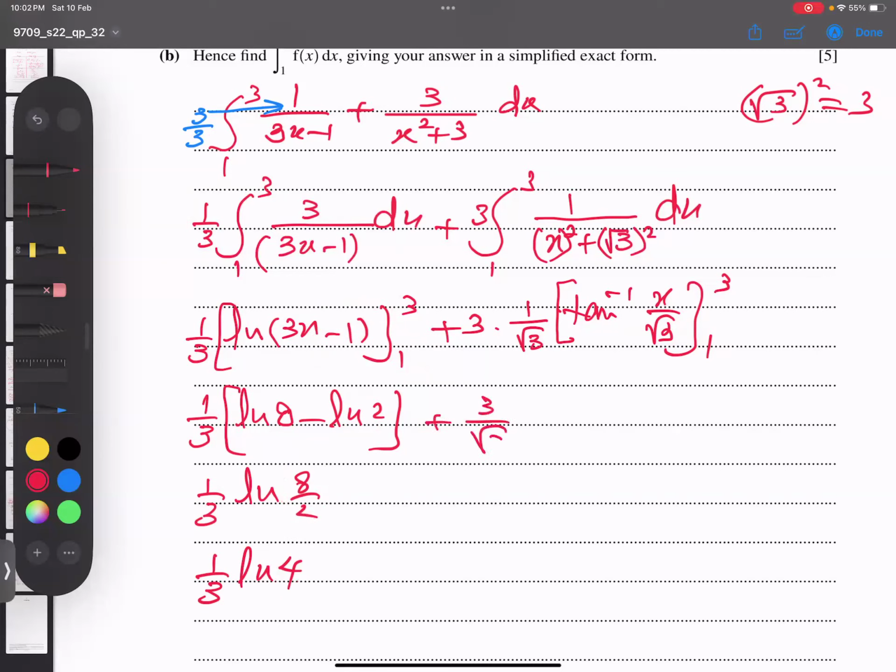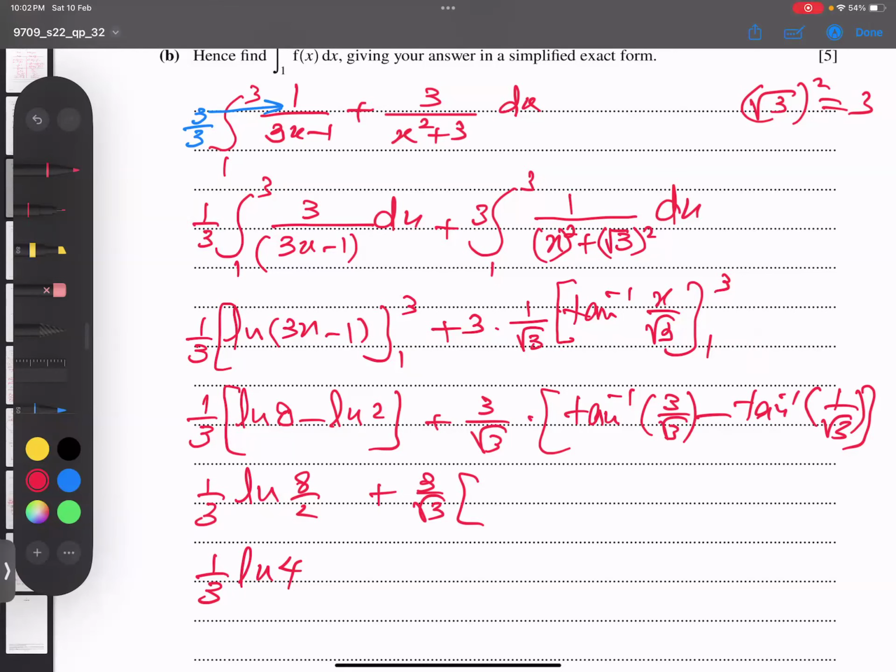3 over root 3, I have already attained. So when I plug in 3 here, students, what happens? Look at here. So tan inverse of 3 over root 3 minus, plug in 1 here, tan inverse of 1 over root 3. Okay, now when you type in the calculator, make sure you convert your calculator to radian mode.